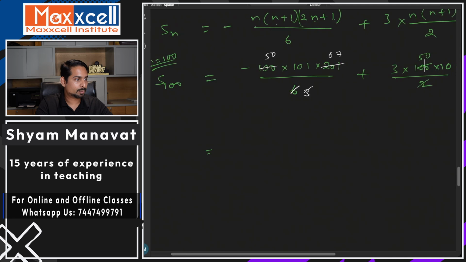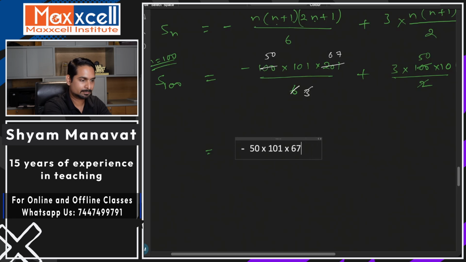So now what do we have here? We got minus 50 multiplied by 101 into 67, that will get you 3,38,350, with the negative sign.